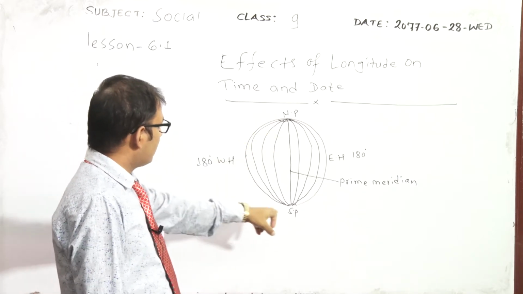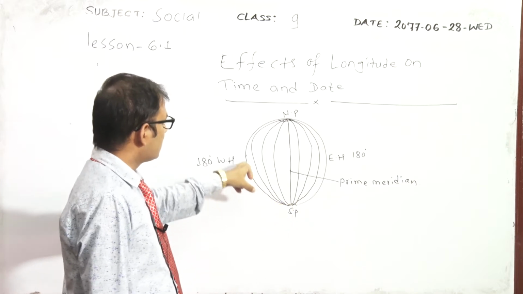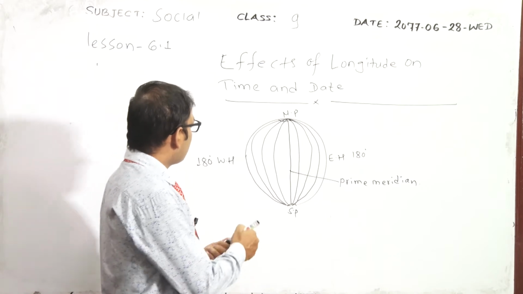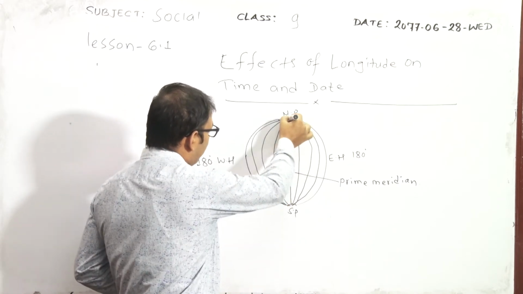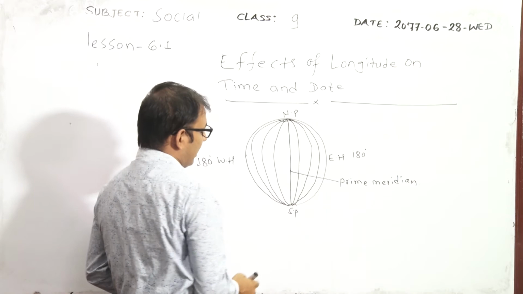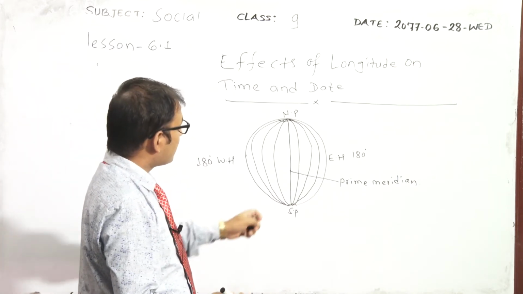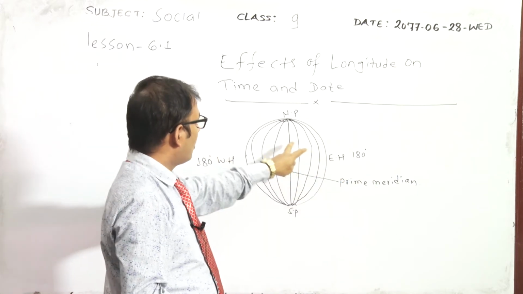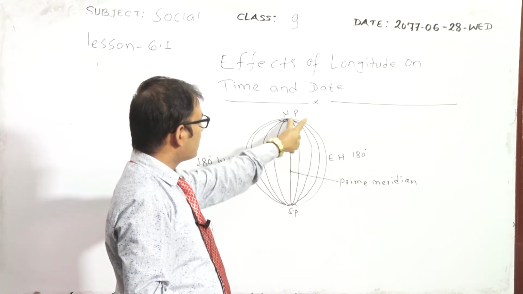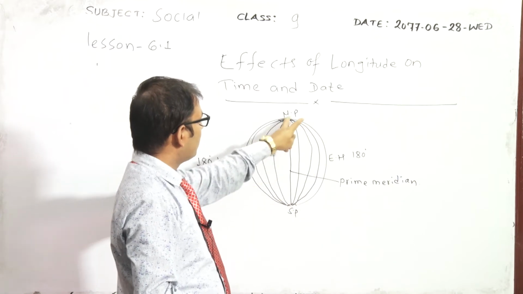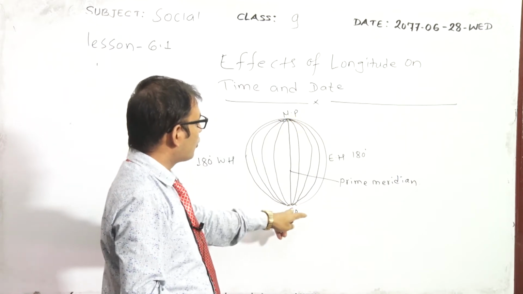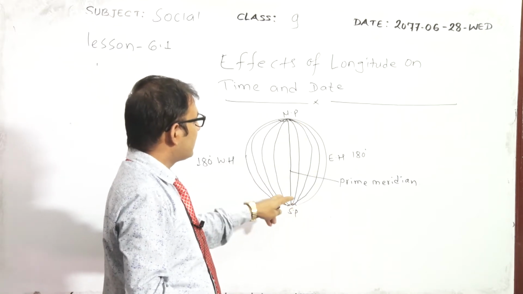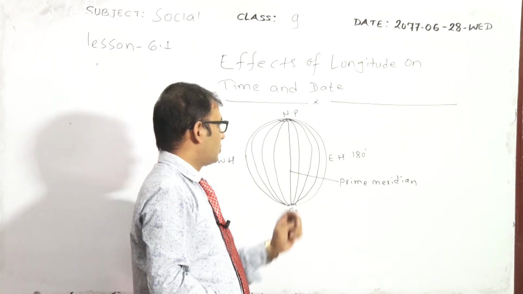I have made one figure of the globe. Here, the line which passes through the middle of the earth, which is also an imaginary line, is called the prime meridian, and all the other lines which pass from north pole to south pole, which are semicircular in shape, are called longitudes.